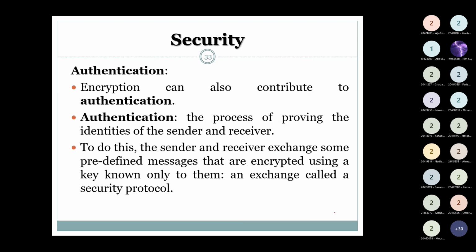Authentication now. Encryption can also contribute to authentication. How can it contribute? Authentication is the process of proving the identities of the sender and the receiver. To do this, the sender and the receiver exchange some predefined messages that are encrypted using a key known only to them.